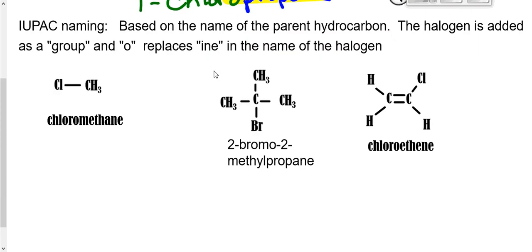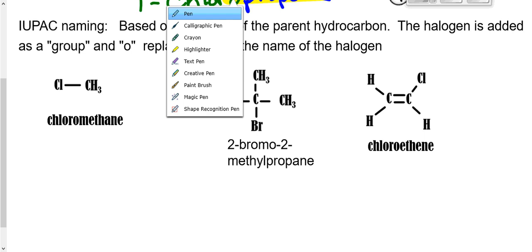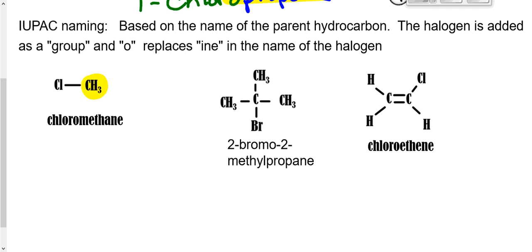In these 3 examples, I have methane being my parent chain. My branch is the chlorine, so it's chloromethane. In this case, I'm allowed to not say 1-chloromethane, only because there's only one place to put the chlorine, and of course it has to be on carbon 1. In this next example, the longest chain is 3 carbons with single bonds.